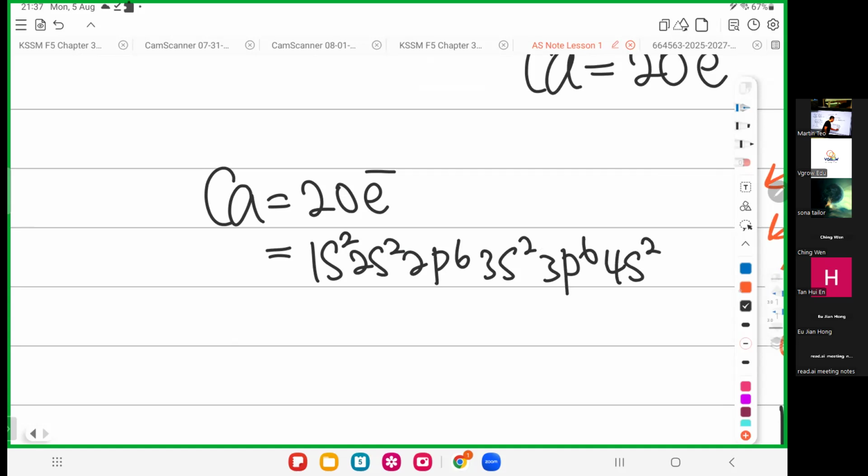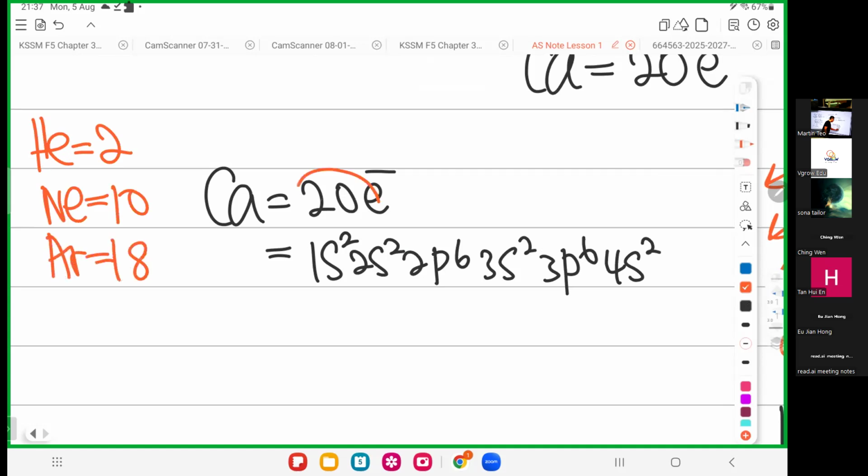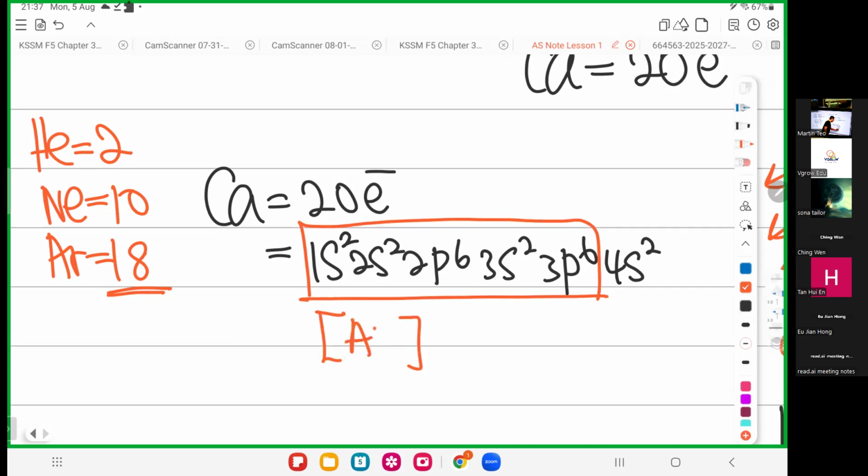So I can save some space, right? Helium is 2, neon is 10, argon is 18. Here we have 20. What is the biggest number of noble gas we can use? 18. Where is 18? Here. This entire part is 18, which can be simplified using argon.